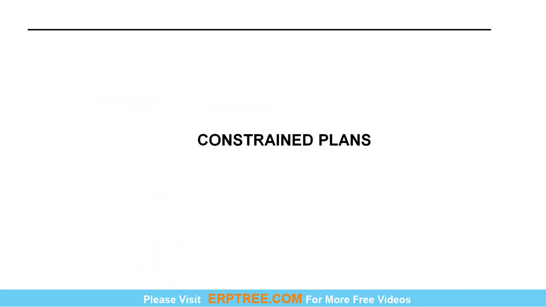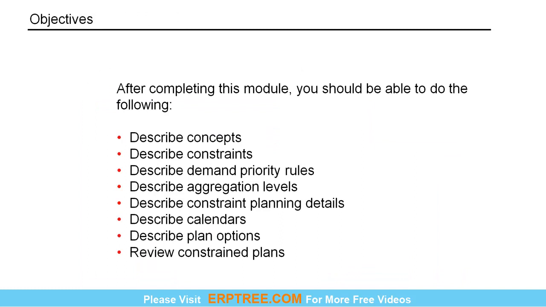So constraint plans are nothing but the plans which take into consideration the material, the resource, and the capacity constraints of the suppliers or of the shop floor resources, before it can suggest dates on when we can do the purchasing, or when we can start making the items.